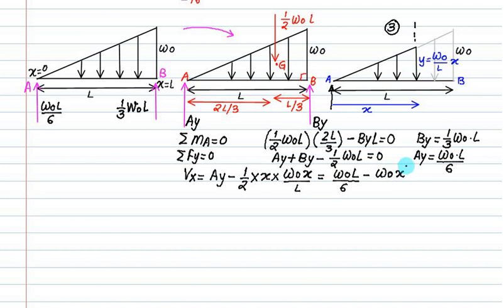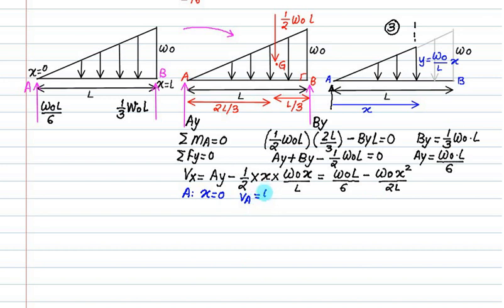x square divided by 2L, and this represents the equation of a parabola, and the parabola is a downward parabola. Agree? Because Vx is proportional to minus x square, so this is a downward parabola. So at point A, x is equal to 0. So what is the shear force at point A?